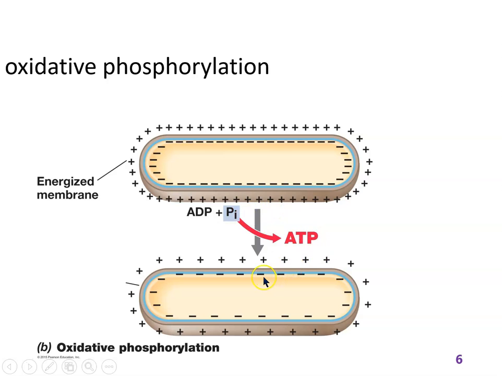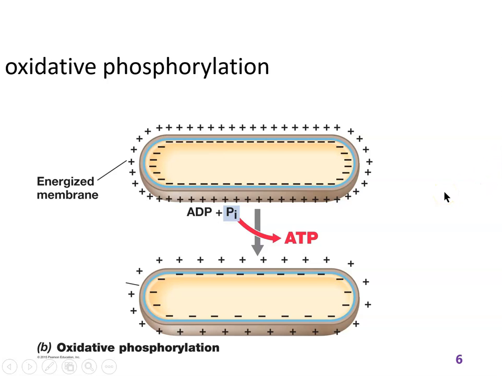And when we do that, we kind of lose that energy. So we go from a high proton motive force here, and we spend some of it to make this ATP. So we have not as many protons outside the cell. So that's oxidative phosphorylation.